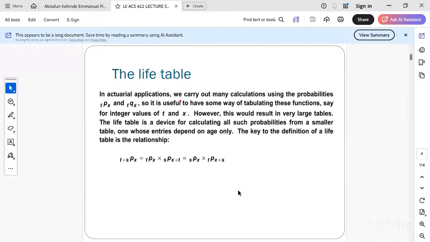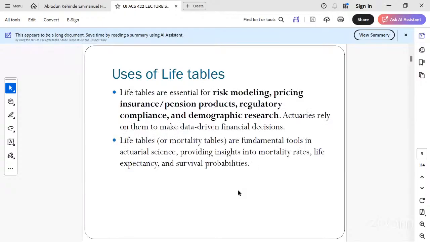And you can also interchange it: it's the same as the probability that the life will survive for additional s years, and then survive beyond s plus x years for additional t years. This function is easily computed using the life table.